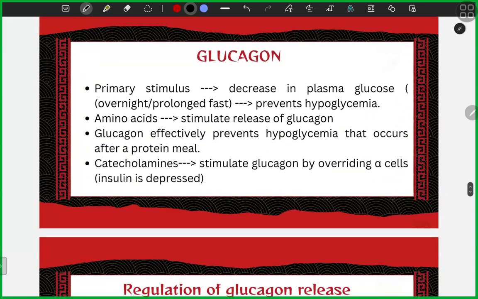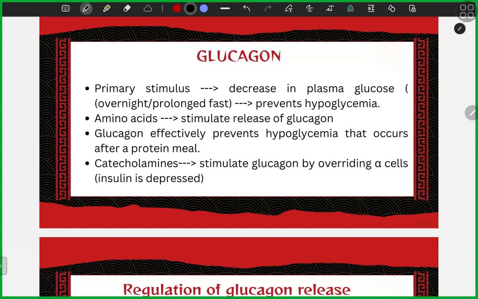The primary stimulus of glucagon release is a decrease in plasma glucose. For example, you're fasting and you did not take any food. This is going to decrease the glucose in your plasma, and you need some sort of nutrients.